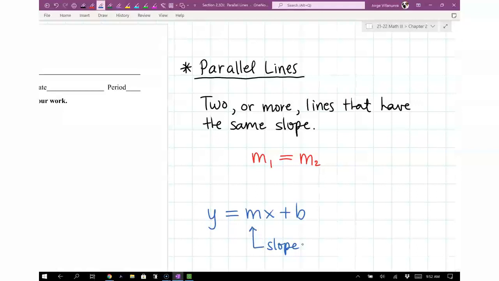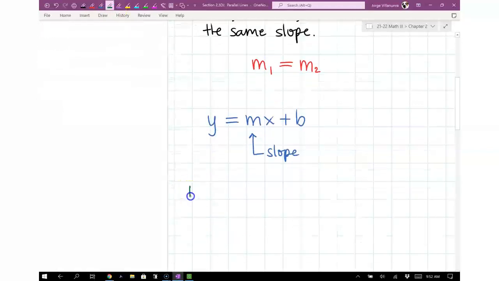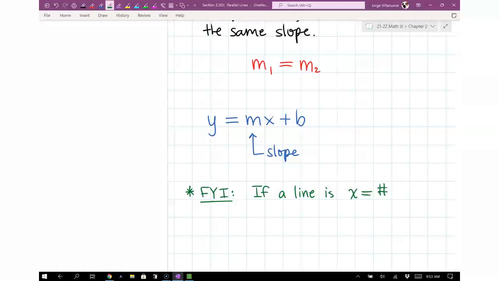Now, a real quick FYI, a little tip. If a line is x equal to a number, so if it says x equals 3, x equals -7, x equals 0, whatever, the slope is vertical, straight up and down.